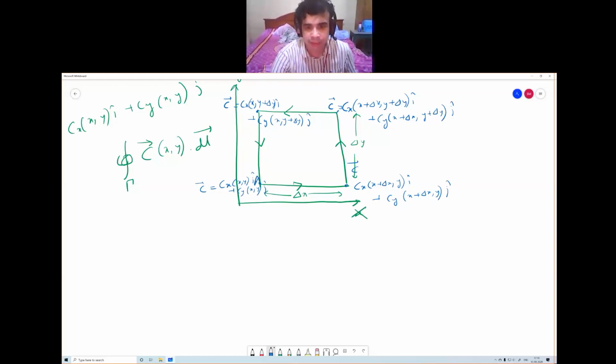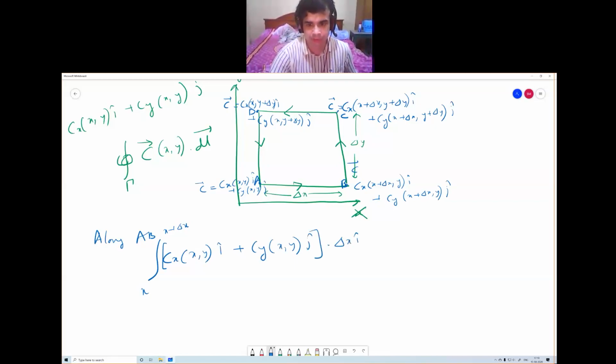This is say A, B, C, D. So along AB, this is the integral of Cx(x,y) i plus Cy(x,y) j dot delta x i, with x going from x to x plus delta x. But the dot product of j and i is 0, so this term will vanish.